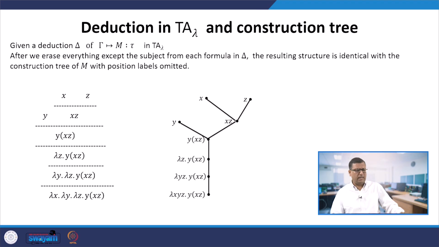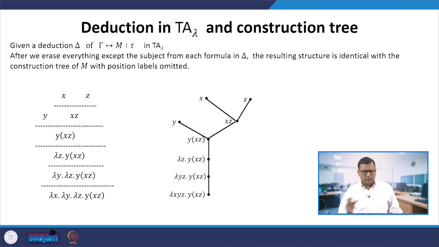So once again, through the second example, we have found that the structure of the construction tree of a term, when we keep just the subterms and omit the position levels, is the same as the deduction of m has type tau in the context gamma in T lambda, where we have kept only the subjects, omitting the context and the type. Just that instead of horizontal lines, the conventional way of writing deduction, we are placing it in a tree-like structure where position levels are added.